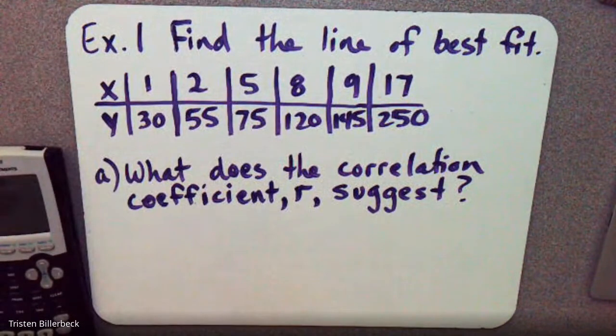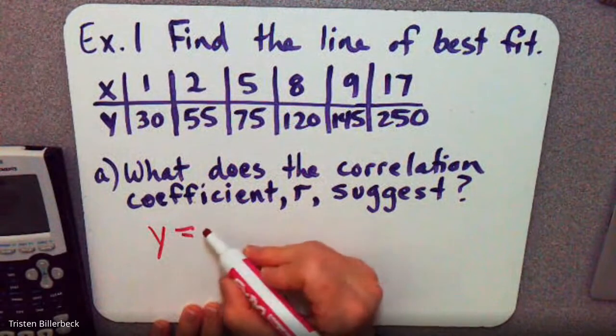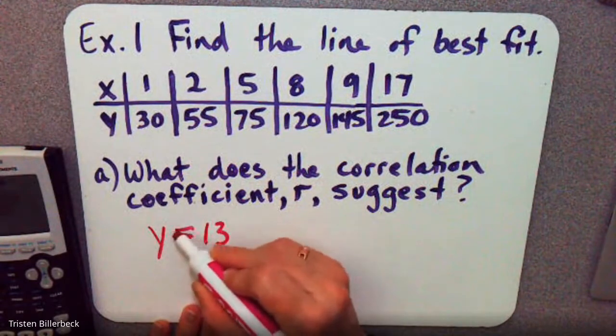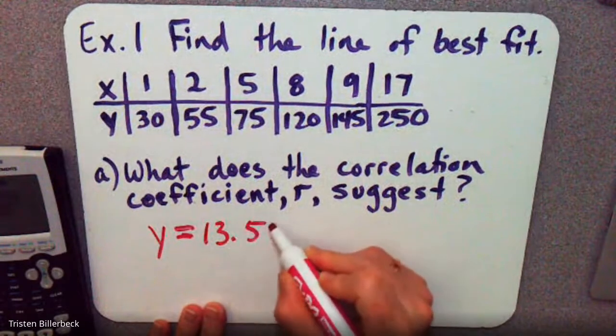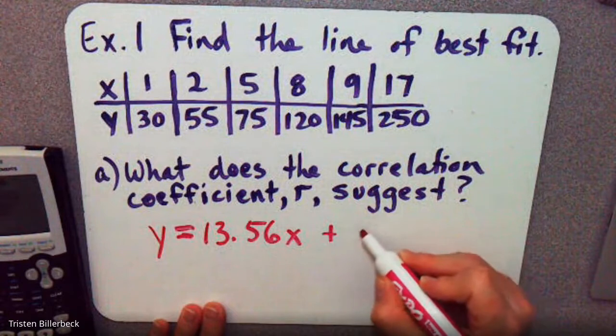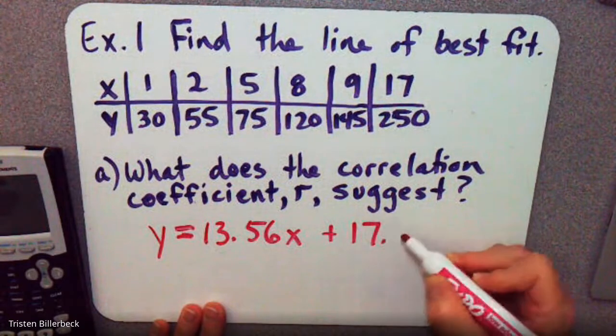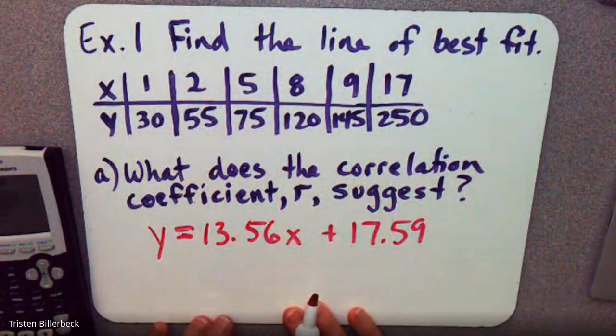So let's write what they gave us. So we have y equals, and they said a was 13.5. Now I'll round that to 6x plus 17.59. So that's my linear regression.